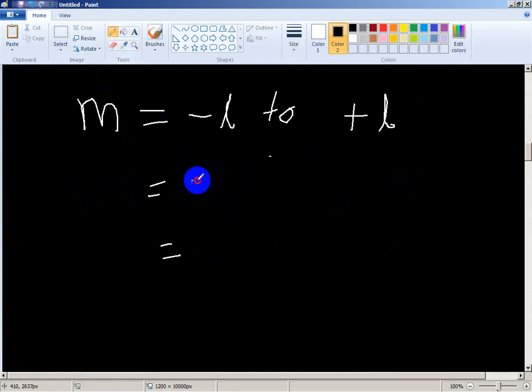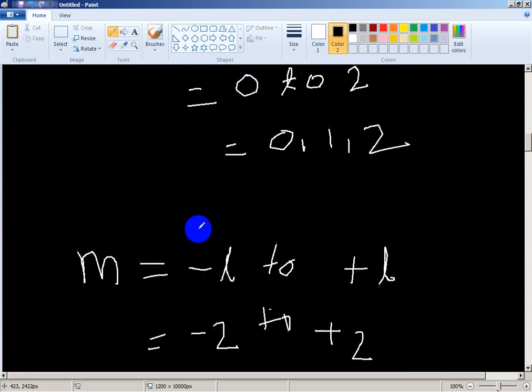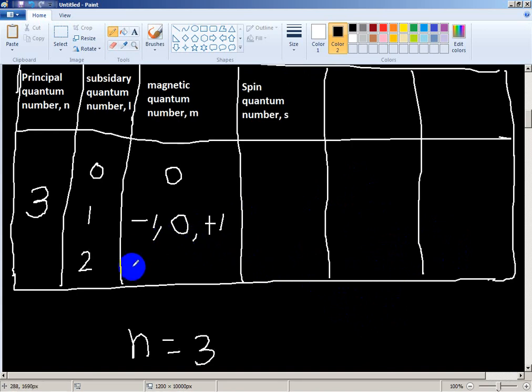So what are the values? Minus 2, minus 1, 0, plus 1, plus 2.